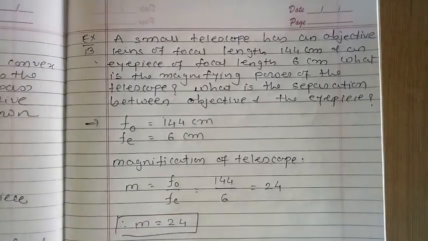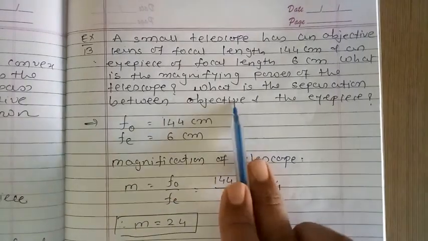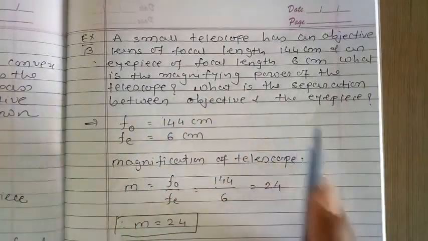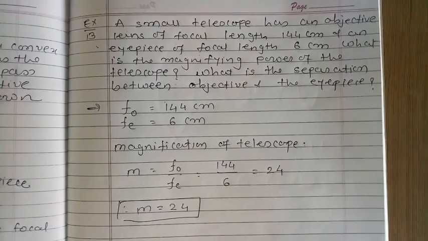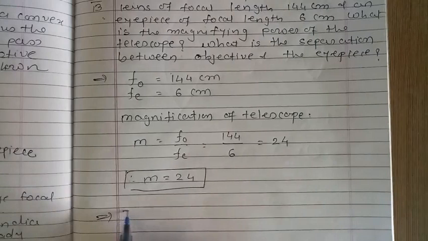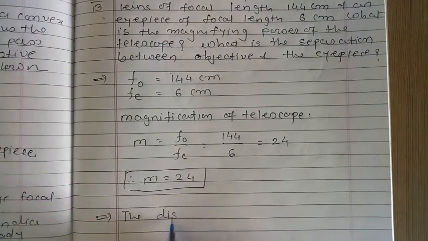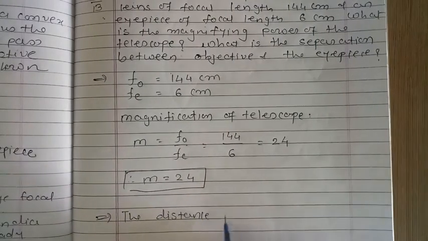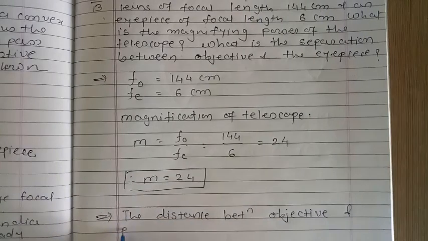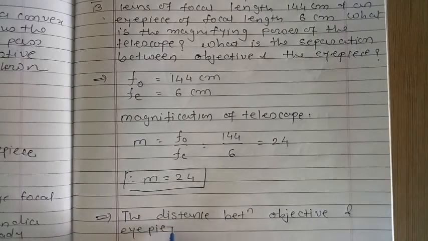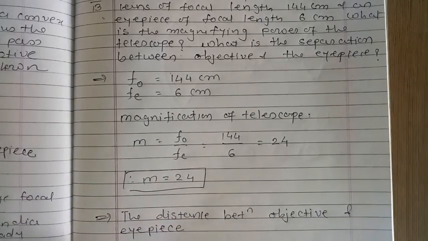Right. Now we have to find out what is the separation between objective and eyepiece. So the distance between objective and eyepiece is equal to FO plus FE.